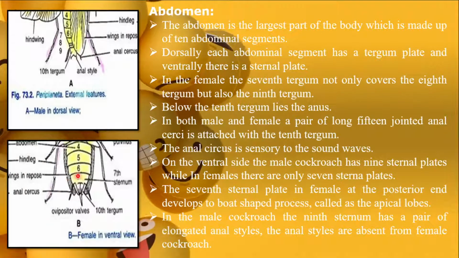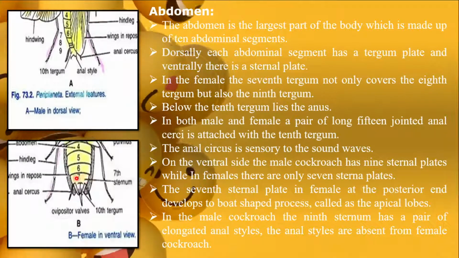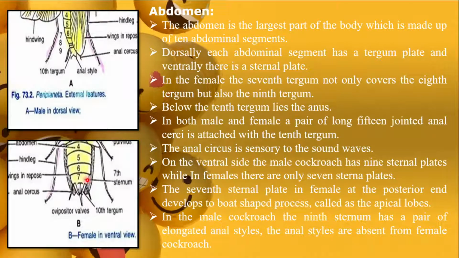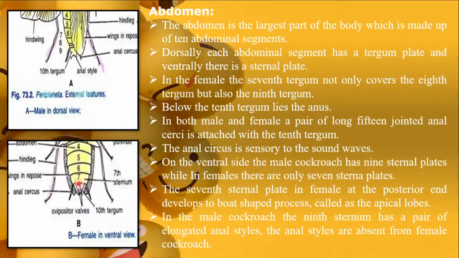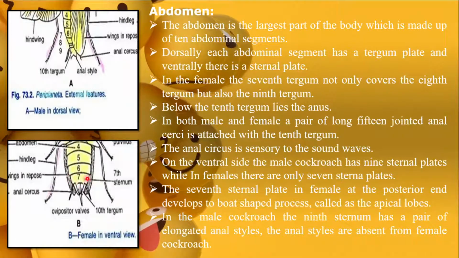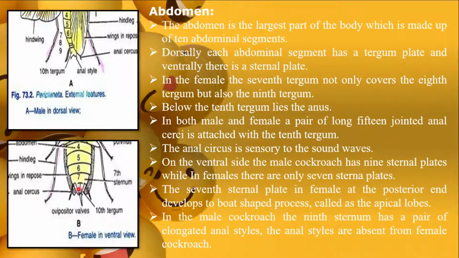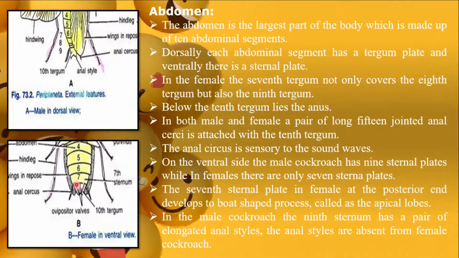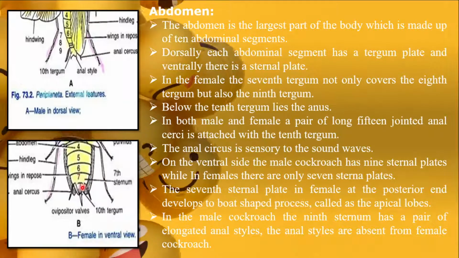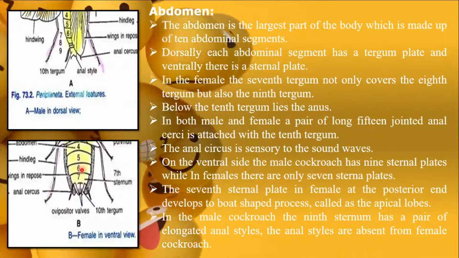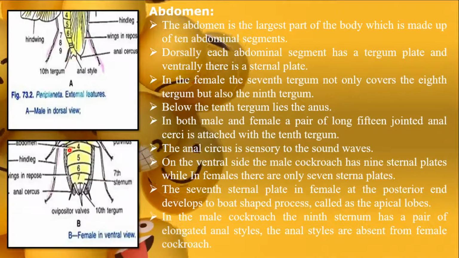We are able to see only the seventh segment. The eighth, ninth and tenth segments are not seen here. So the seventh sternum on the ventral surface covers the 8th, 9th and 10th segments. This is the identification mark by which we can differentiate between the male and the female.